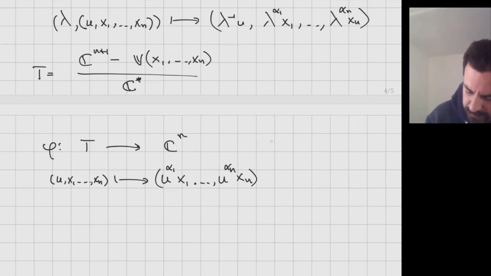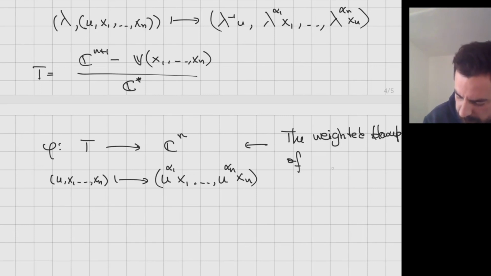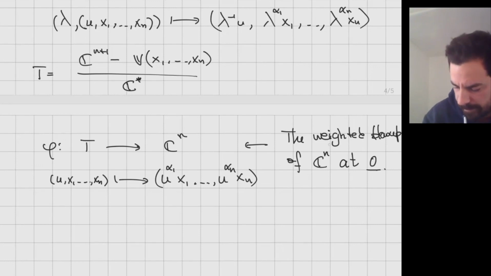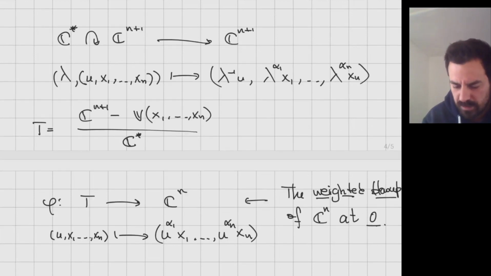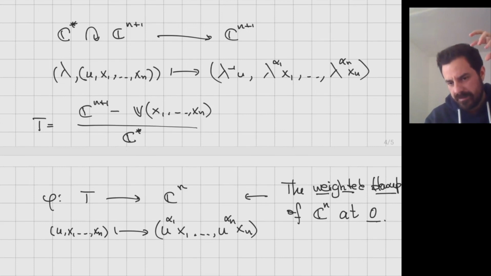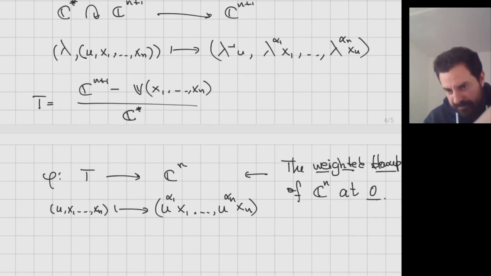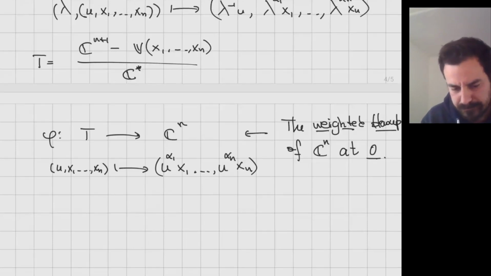Okay, so this is by definition the weighted blowup of C^n at 0. So what we did was simply we took a particular C star action on C^(n+1). Okay, we defined a toric variety upstairs using this action, and we defined a map to C^n. This particular map is called the weighted blowup of C^n at the origin.